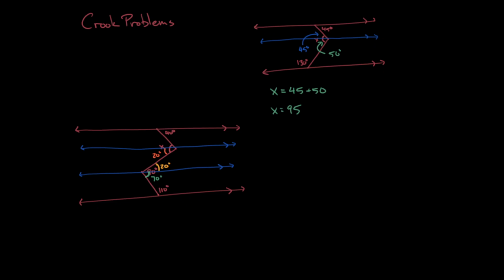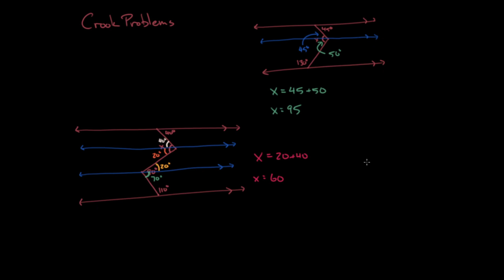This angle right here is an alternate interior angle with the 40-degree angle, so this has to be 40 degrees. And that means that finally, x has to be the sum of 20 and 40. 20 plus 40. So x is equal to 60 in this case.